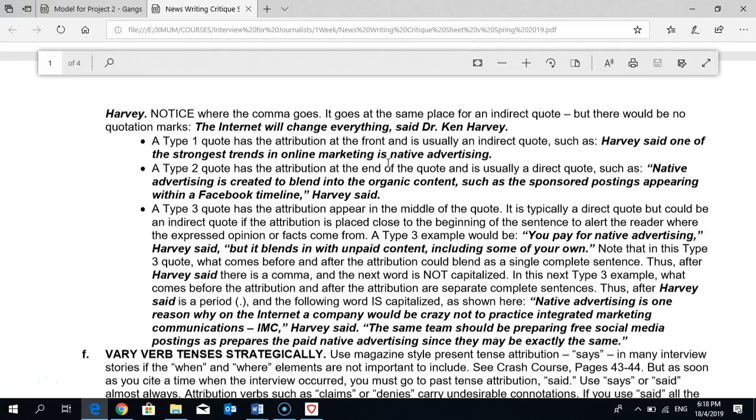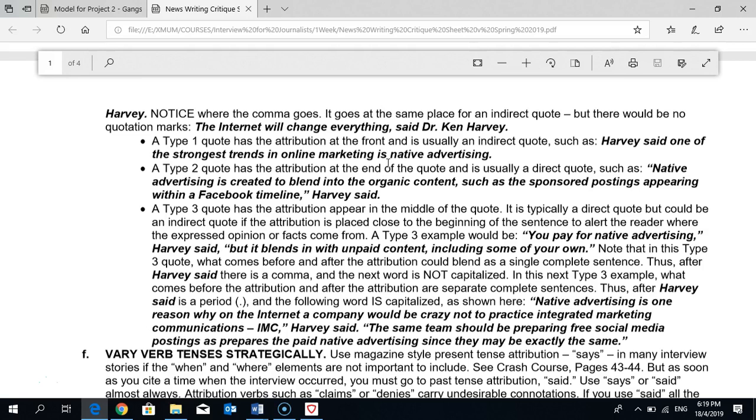It's not you, it's your source, but the source is too far down the paragraph. So when you don't have quote marks to tell them this is a direct quote, you want to put the attribution at the beginning. In broadcast you don't have direct quotes on anything unless it's in video, so most of your attribution is type 1. This is one of the main differences between broadcast writing and newspaper writing: where you put the attribution.